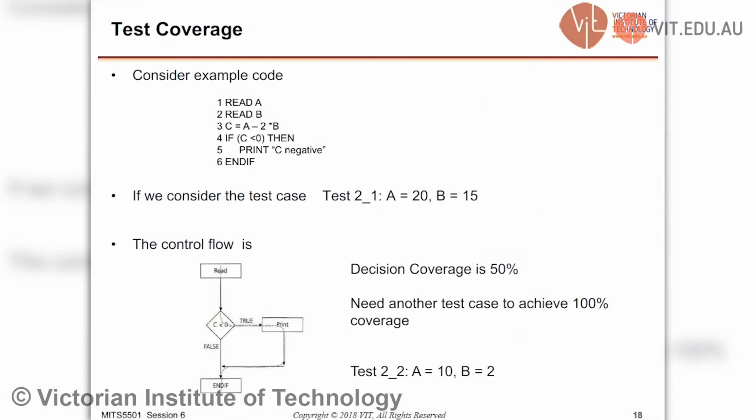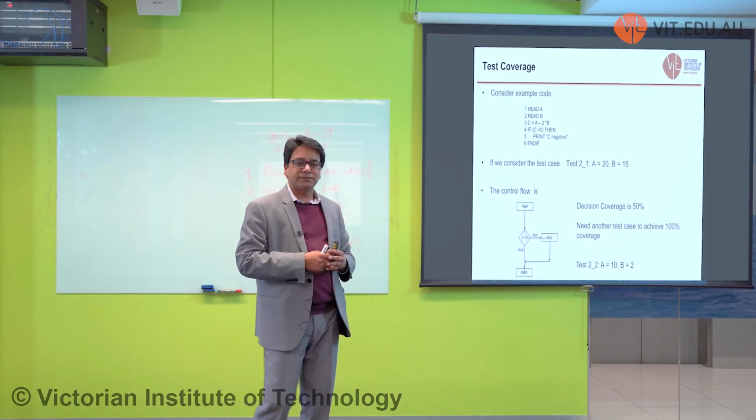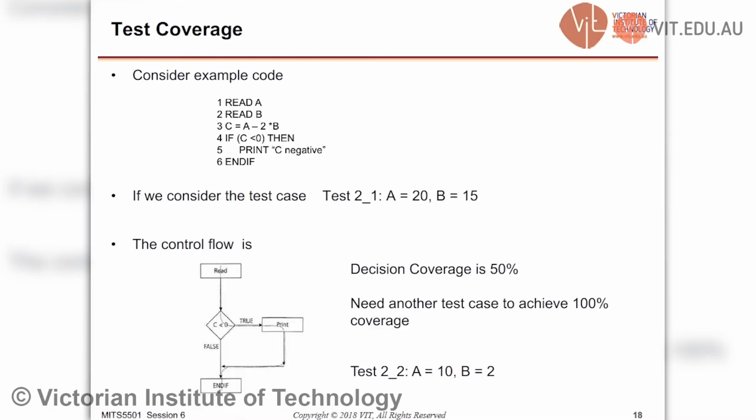So we execute this if statement. Is it true or false? It's true because C is negative. So it prints the negative number.